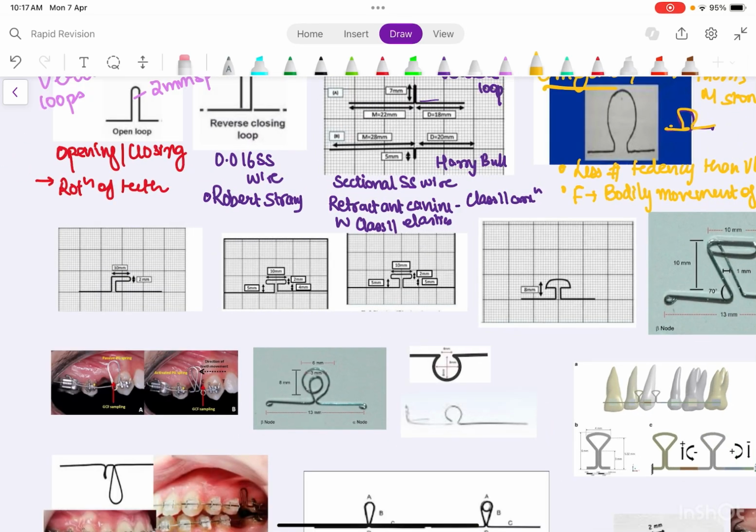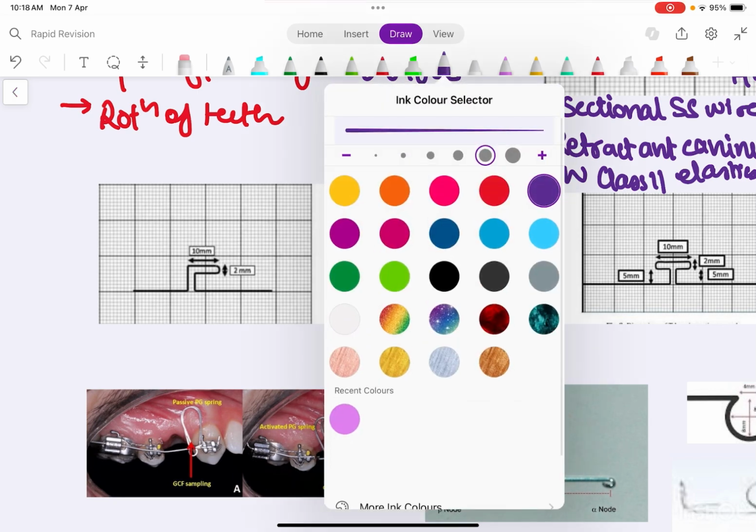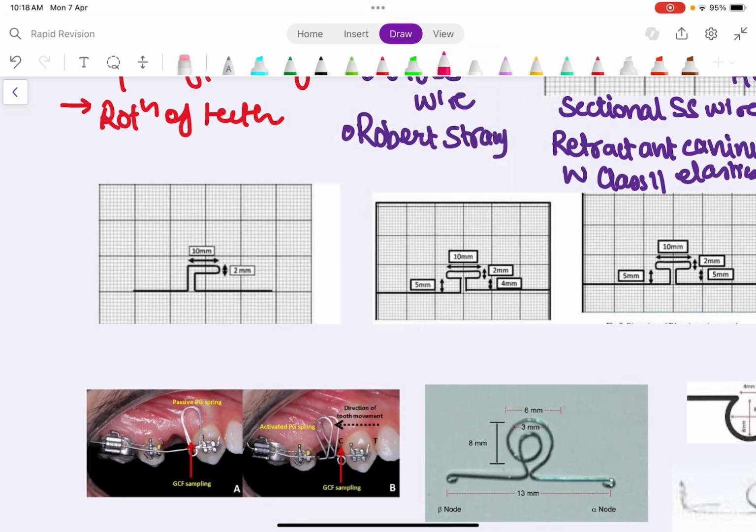Now let's talk about this one. Look at the photograph, it is somewhat like this. So this is our horizontal or boot loop.